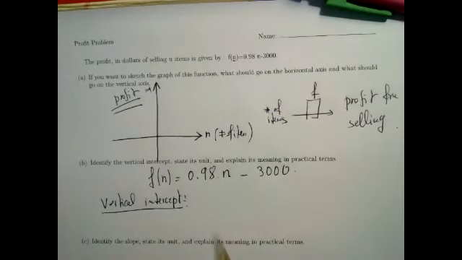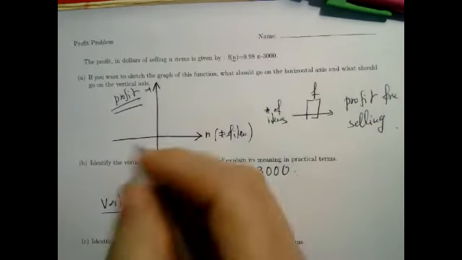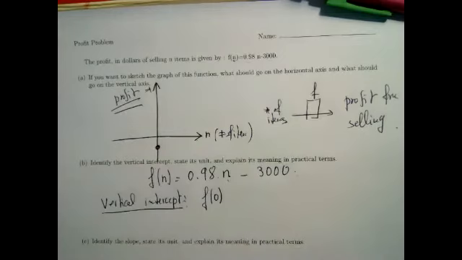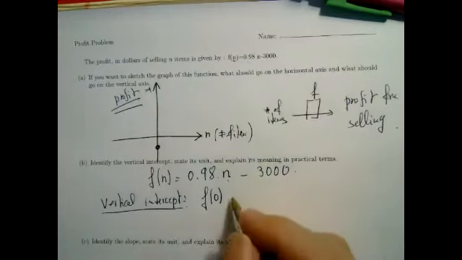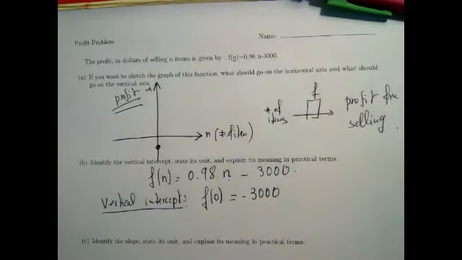The vertical intercept is, as I said, the output when the input is 0. So the vertical intercept is basically f of 0. It's what happens when the number of items is 0. This is minus 3,000. Now what is the unit and what's the meaning of it?